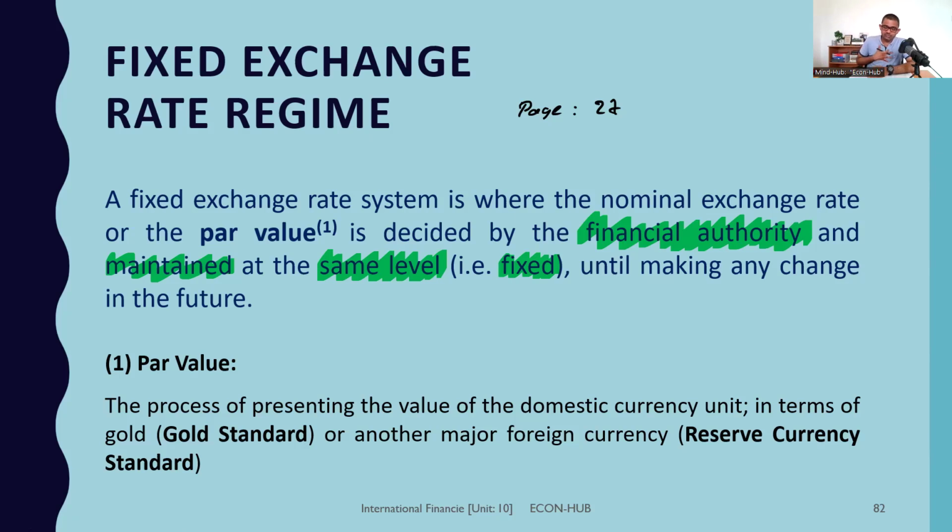So if in Sri Lanka we are using a fixed exchange rate system, the value of the rupee will increase if our central bank is able to improve its reserve assets. If we can build up reserves, that means the par value of our currency also increases. We can demand a higher value for our currency. We can demand more dollars, more sterling, more yens, more yuans, and other currencies for the Sri Lankan rupee.